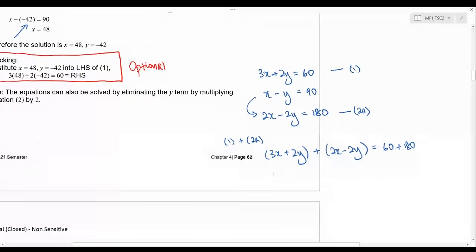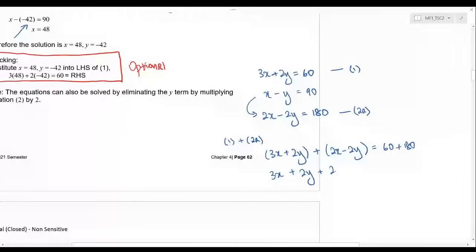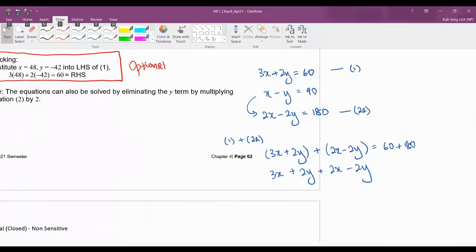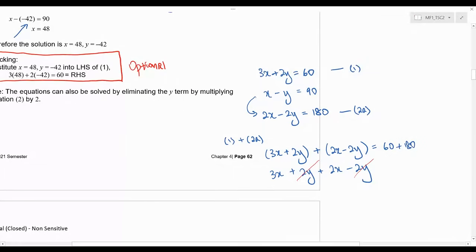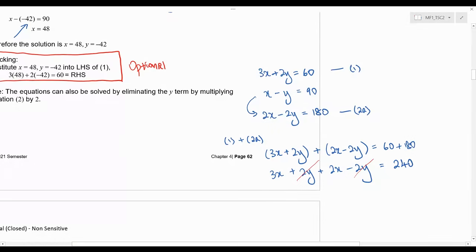When you expand them, this will be minus 2y, so the 2y and the 2y will remove each other. So you can also do this method and you can solve it to the same answer.